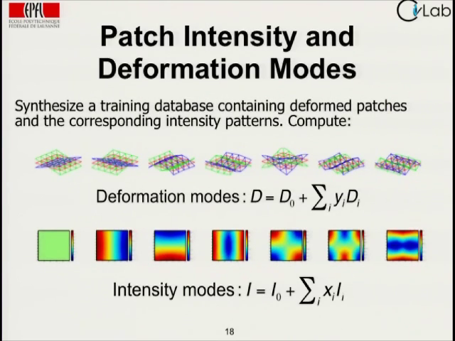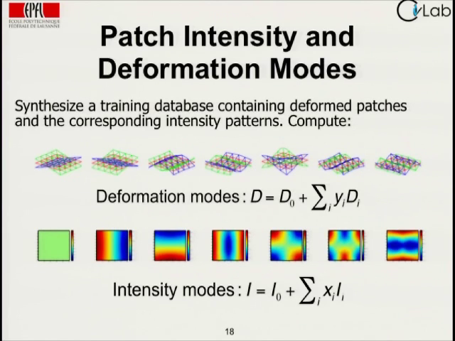And what we try to do is to say, well, we can learn a mapping between deformations and intensity patterns. So for individual patches on the surface, what we did is to actually compute deformation modes. This time, this was done strictly in terms of PCA.